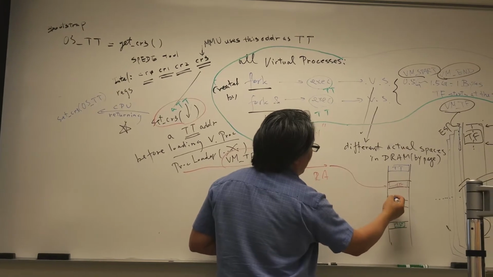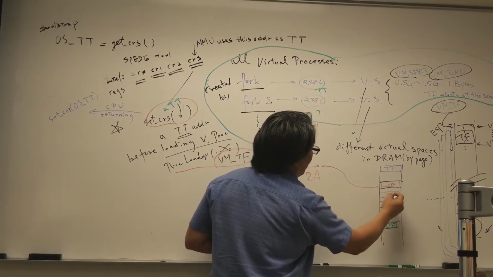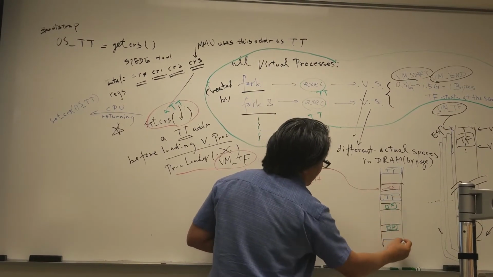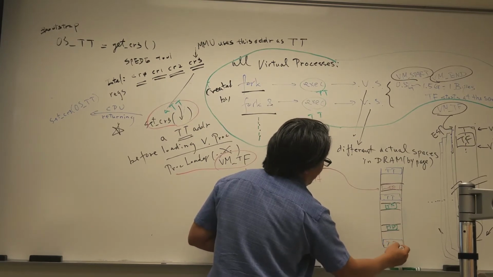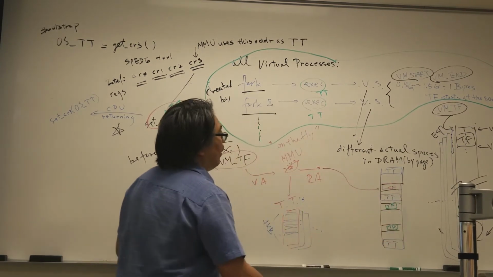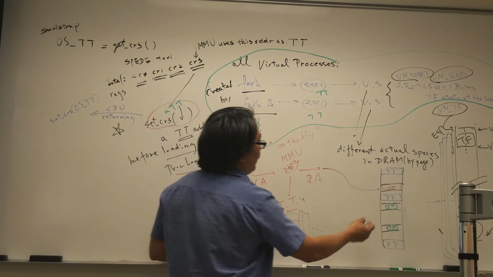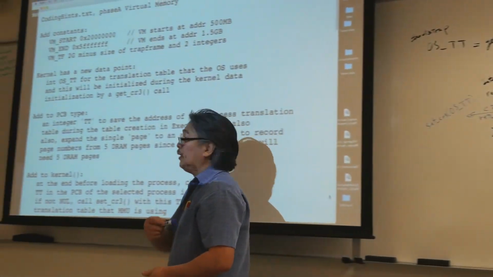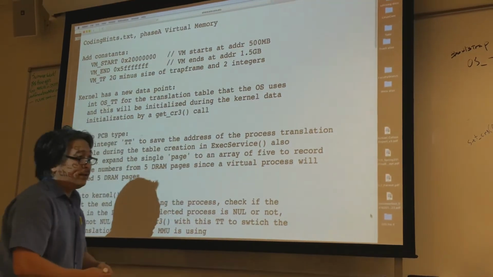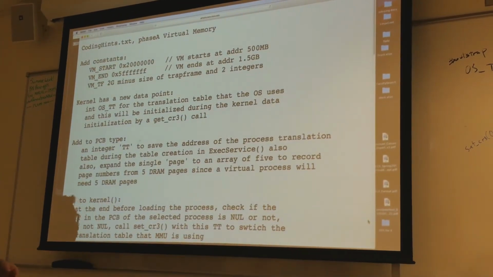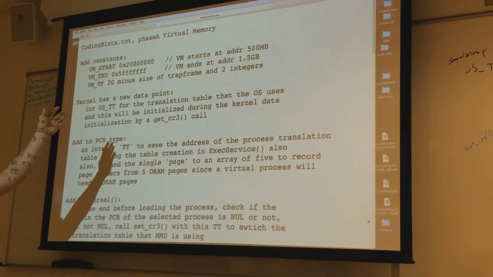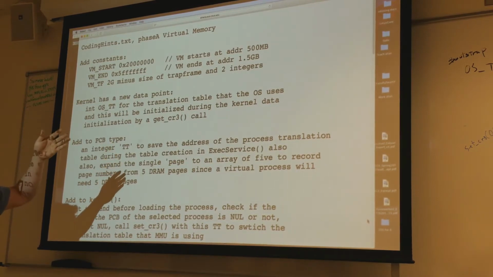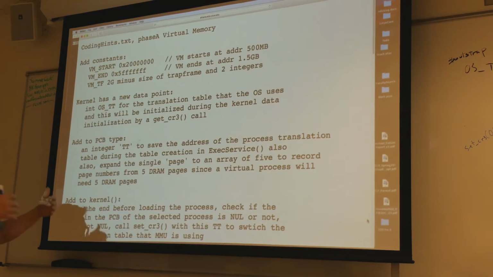The 3 TTs reside in the DRAM for 3 different processes, and 3 different trap frames, and 3 different instruction pages, and other pages if you need them. Okay. So entries in the translation table point to those DRAM pages. It is one unique set of DRAM pages shared by many processes through the translation table entries to match into them. All right.